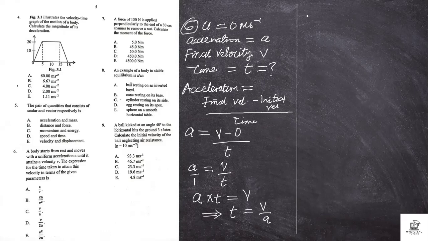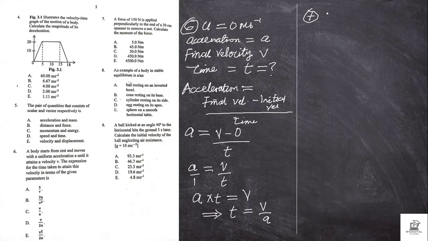So question 7 says, a force of 150 Newton is applied perpendicularly to the end of a 30 centimeter spanner to remove a knot. Calculate the moment of the force.